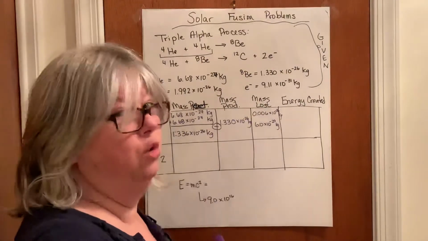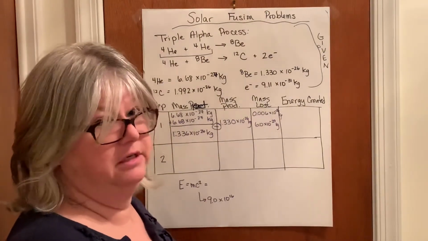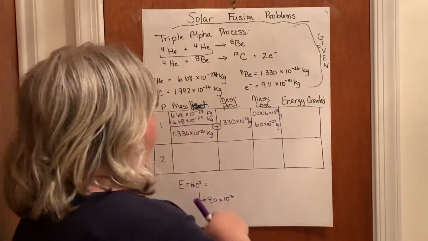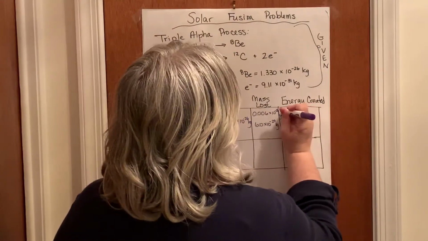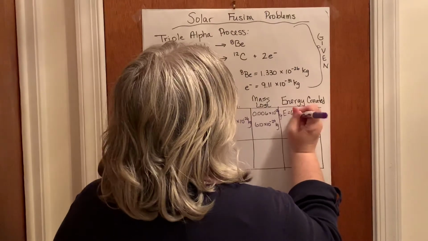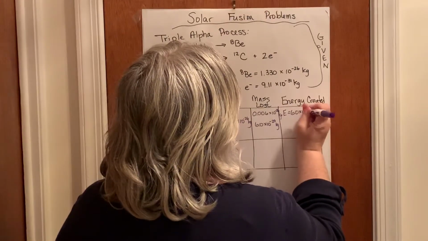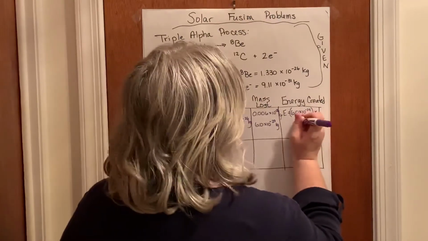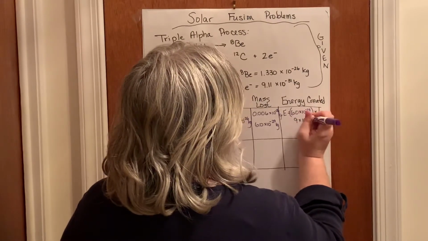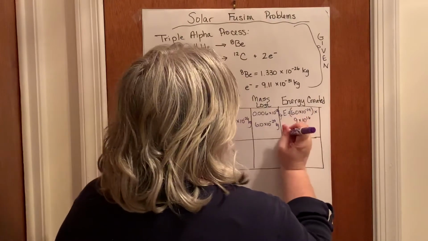Now that's already squared. You don't need to square that. So I'm going to multiply 6 times 10 to the negative 29th times 9 times 10 to the 16th.